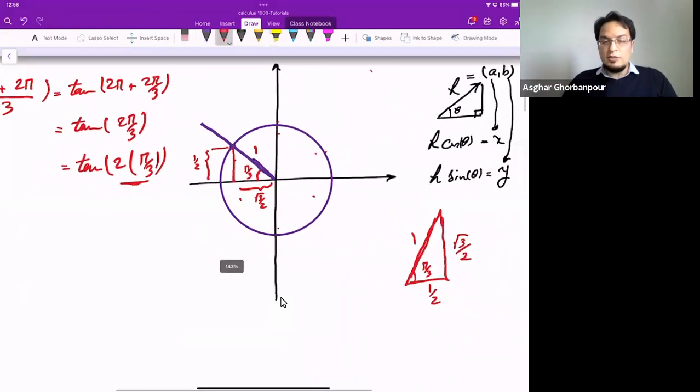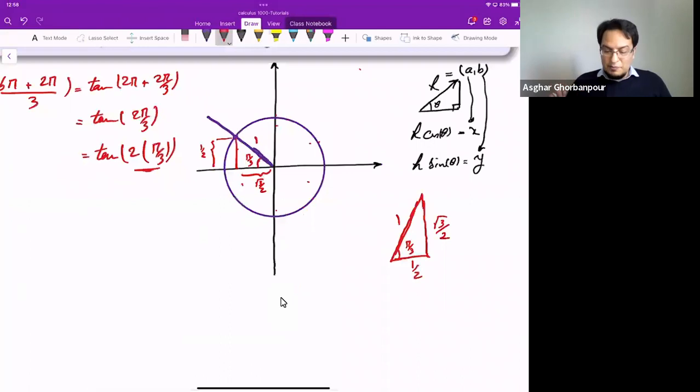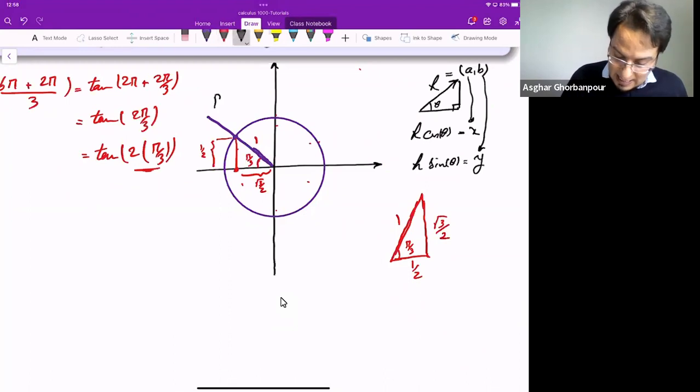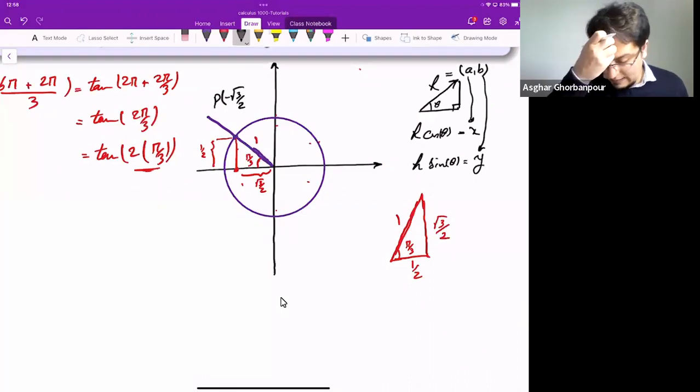I only know the length, but I have to be careful because the x coordinate here is on the left-hand side of the y-axis. So that means that the coordinate is going to be negative root 3 over 2.